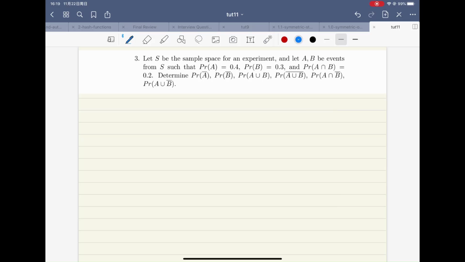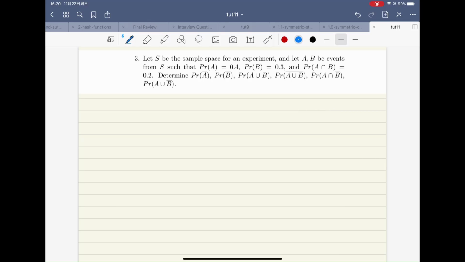Question 3 is about conditional probability. It's about the probability of the complement of set A, the complement of set B, A union B's complement, and A intersect the complement of B. So the question says let S be the sample space for an experiment, and let A, B be events from S, such that the probability of event A is 0.4, and the probability of event B is 0.3, and the probability of A intersect B is 0.2, right?